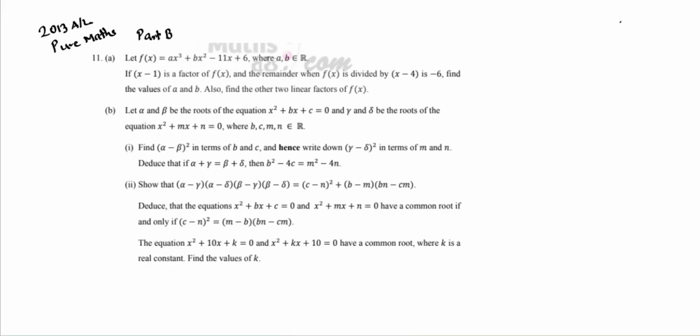So basically, the A part of the question is about the remainder and factor theorem, and the B part is all about quadratics.